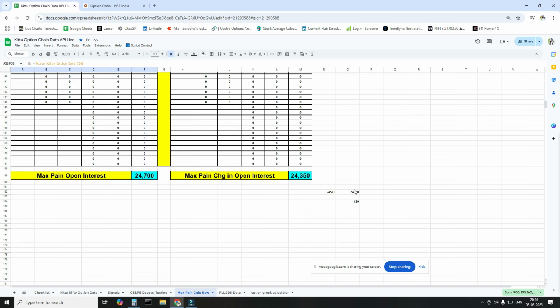So whenever you are creating a strategy in the market, you need to identify who is taking contracts below 24,700.